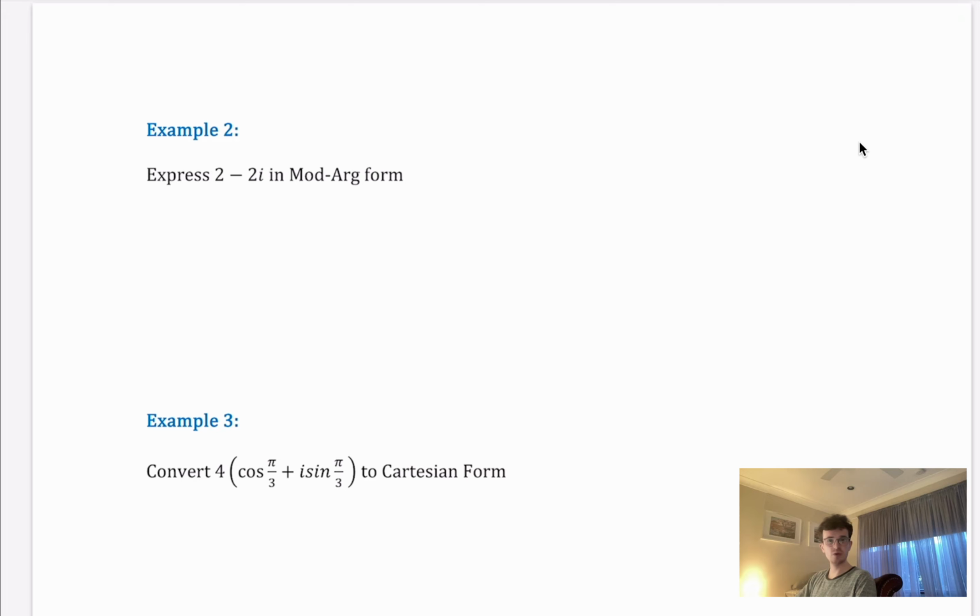The first thing I do when I am doing questions like this is draw a little picture of where 2 minus 2i would lie. 2 is in the direction of the real axis and it's positive, whereas negative 2 is in the imaginary axis. So it's going to be here with that 2 there and that 2 there.